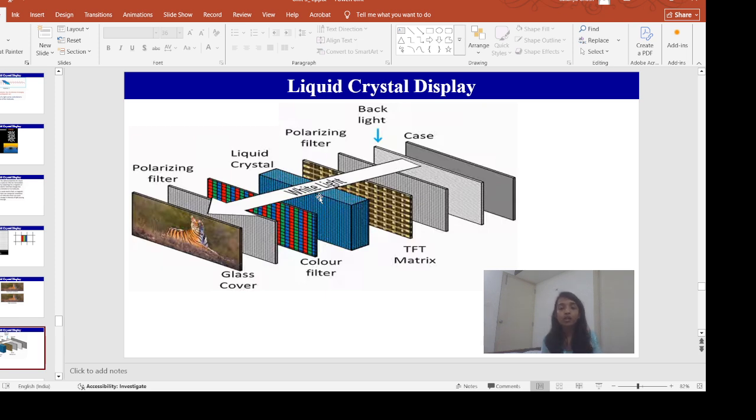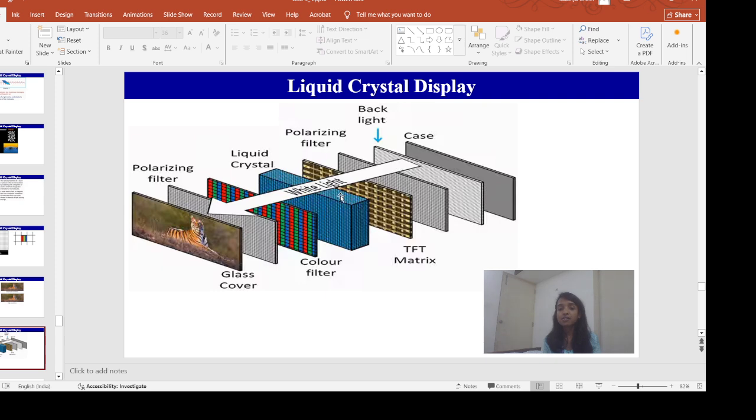So if we apply a potential between these two electrodes, then, whereas previously this liquid crystal was twisting that vertically polarized light wave by 90 degrees and making it a horizontally polarized light wave, now this LCD won't be able to do that anymore.